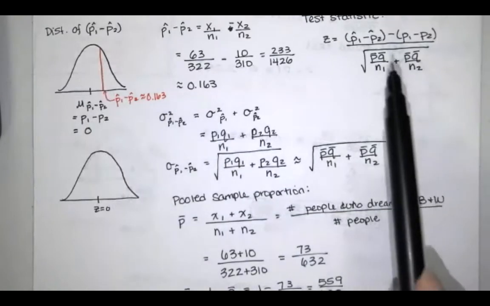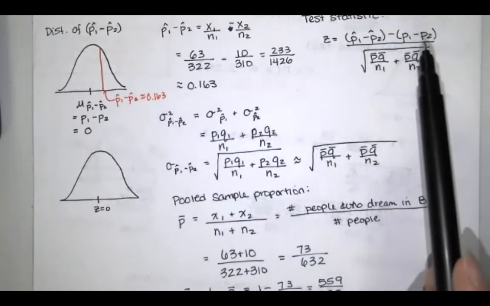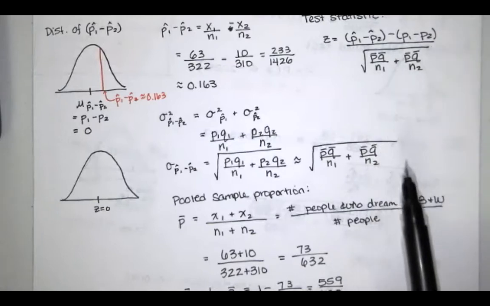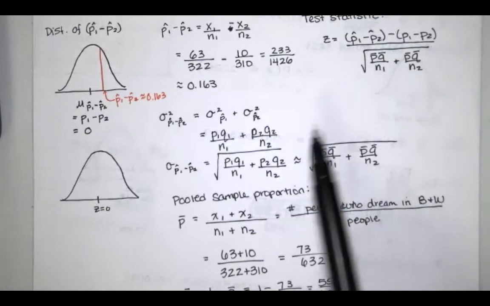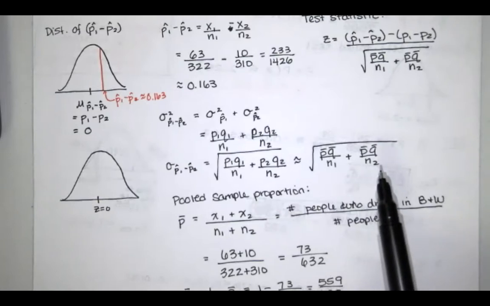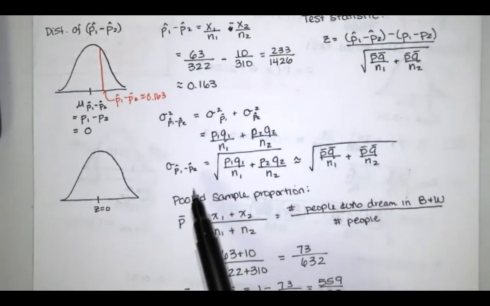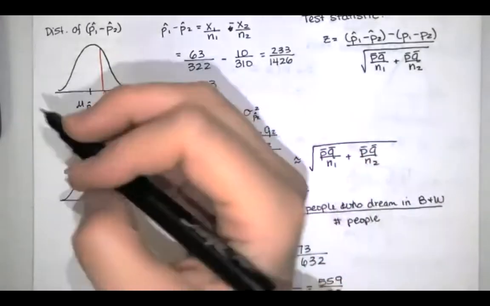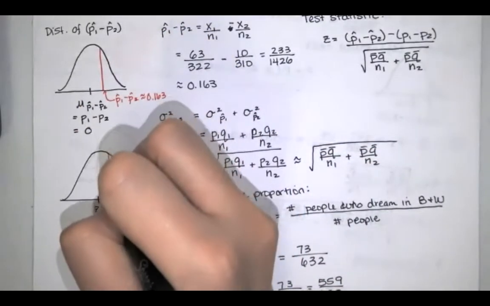Well, in order to calculate that, we'll take this number, we'll subtract the assumed mean, and we'll divide by the assumed standard deviation, which is approximated by this expression here. This is where we're taking our two samples and combining them into one large sample. And that is going to get us from this p1 hat minus p2 hat to a corresponding z-score.